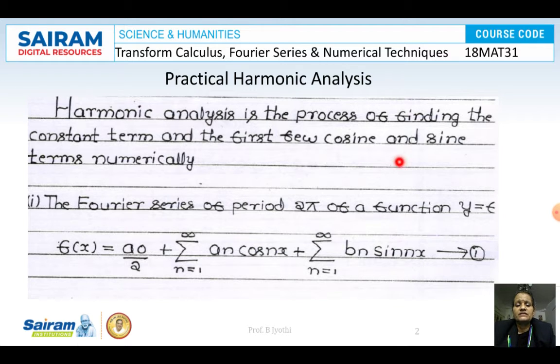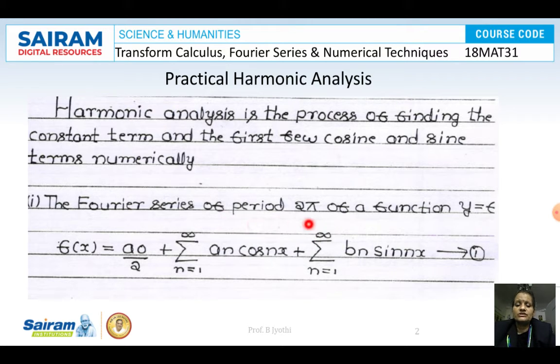Usually we represent an and bn, but the few terms can be one term or two terms or three terms like that. That is a1, b1 is one term, a2, b2 is the second, and like that we have to determine only the first few terms.